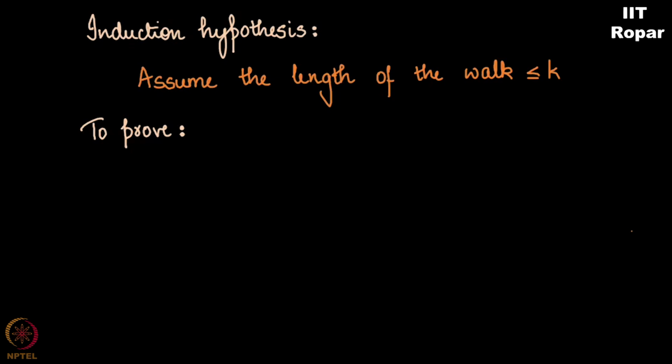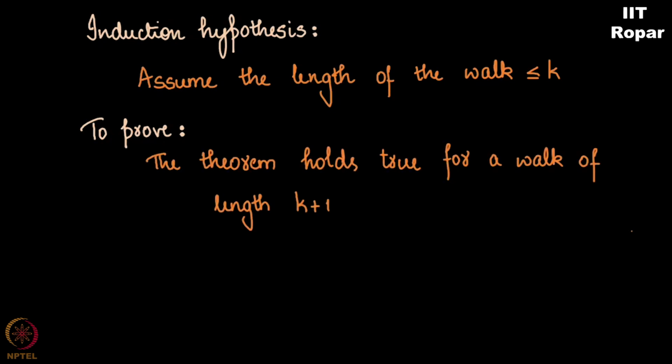Now, what do we have to prove? We have to prove that if you assume that there exists a path of length less than or equal to K, then the theorem holds true for length K plus 1. So for a walk of length K plus 1, there exists a UV path in G.